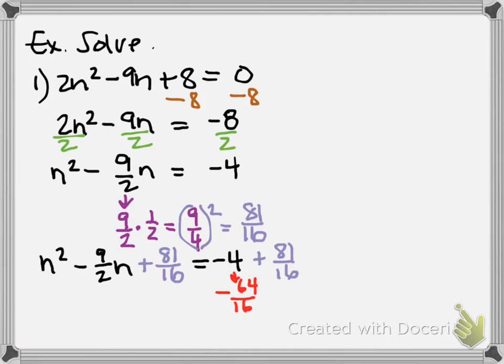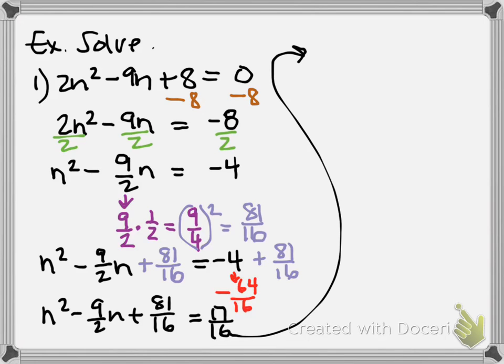So at this point, I've got n squared minus 9 halves n plus 81/16, which is a trinomial square because I just made it to be that. I have 81 take away 64 is going to give me what? 17 over 16. That's pretty.